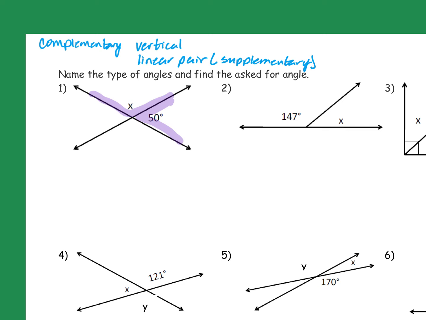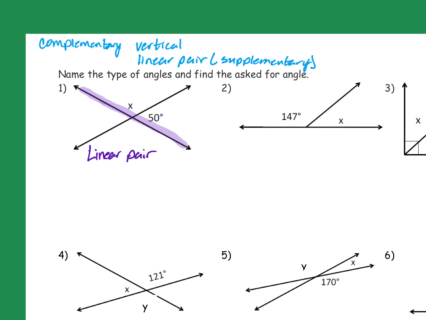What do those two angles make? They make a line, supplementary, right. So we're calling these ones a linear pair, okay? So we know that they add up to be 180 degrees.